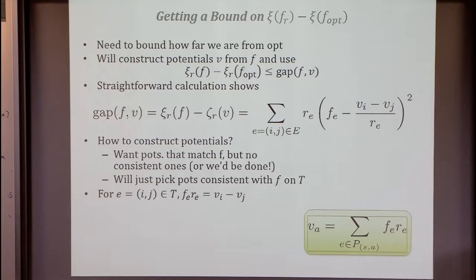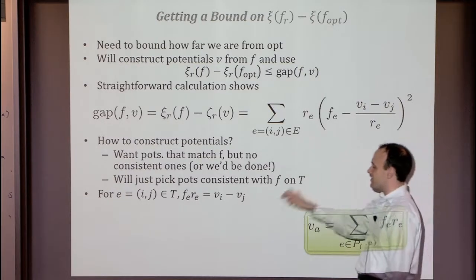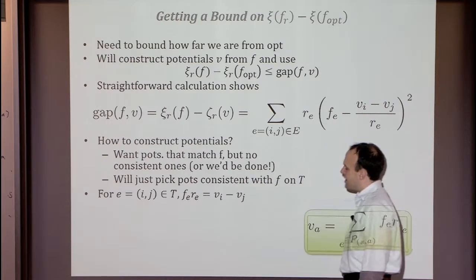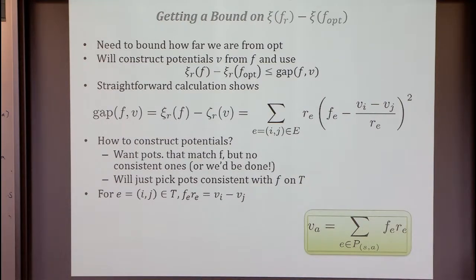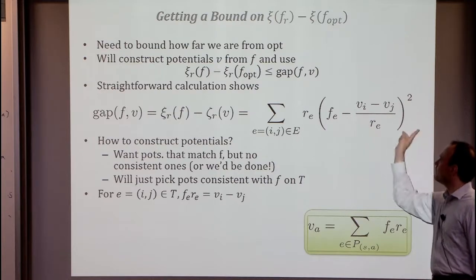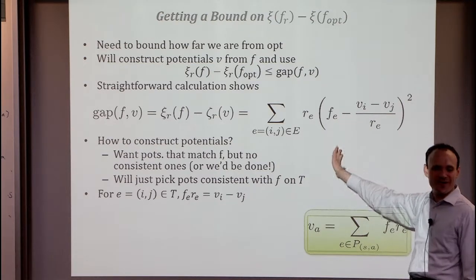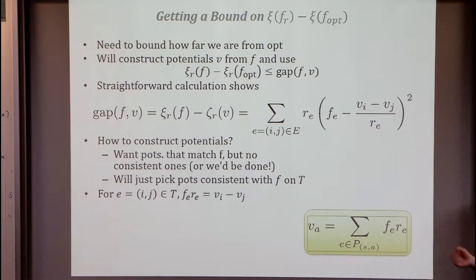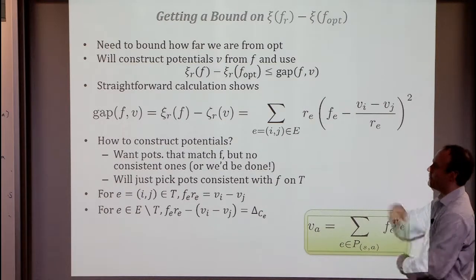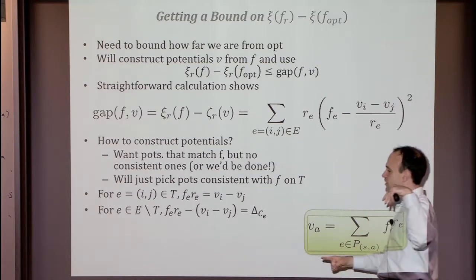Okay, so note that for an edge in the tree, this thing is 0, right? The f_e is f_e r_e, so if I multiply this by r_e, the potential drop and what's supposed to be what it is are the same. And for non-tree edges, the nice thing about it is that it's actually directly something we can read off from the delta c_e that we talked about.